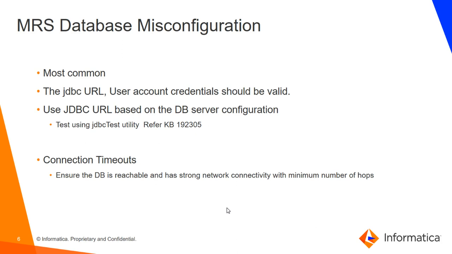Now this I would suggest because MRS needs to interact with the MRS database a lot, and there is a high chance that you would see a general slowness, causing slowness across products for your environment if you have a weak or not so good network connectivity between your MRS and your MRS DB, because everything in the platform depends on the MRS to share the metadata, and every time the metadata is fetched, it would take a longer time.